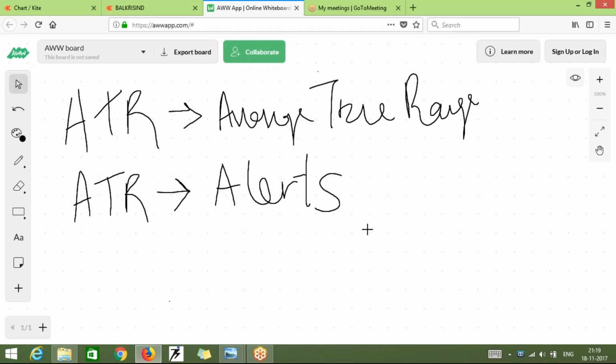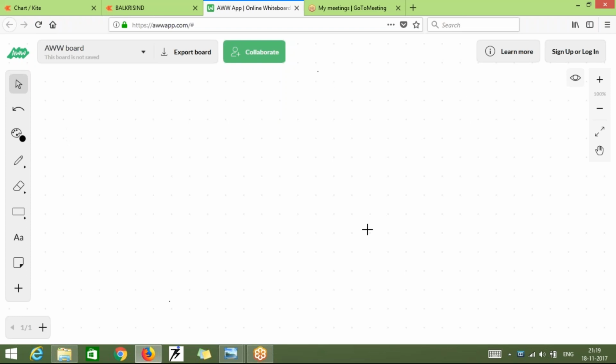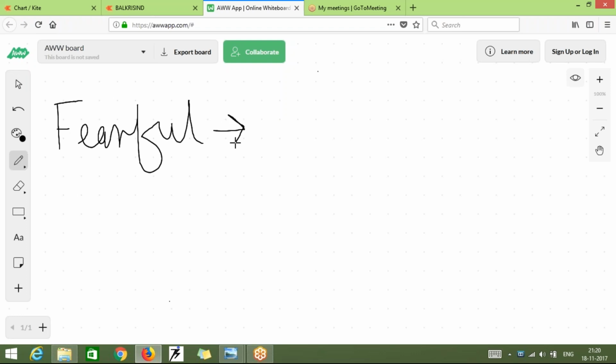So now let's see. Again, as said, ATR is a volatility indicator. So coming to volatility, if you are seeing that traders are fearful in the market, how can you indicate that? From volatility.